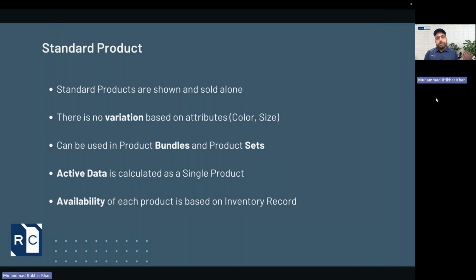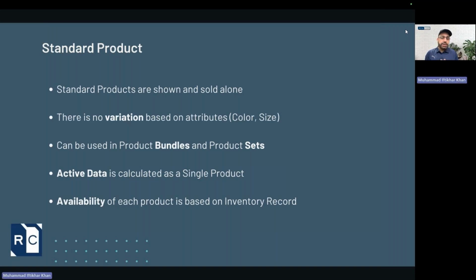Like you can collect the active data of the product, how many times the customer has browsed this product, or what is the number of orders for this product, etc. So there are multiple attributes that are being captured from the storefront. So this is called active data.